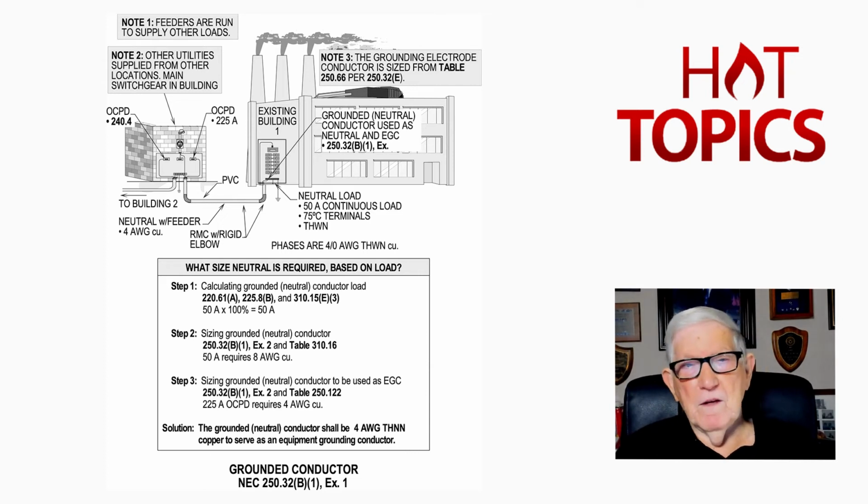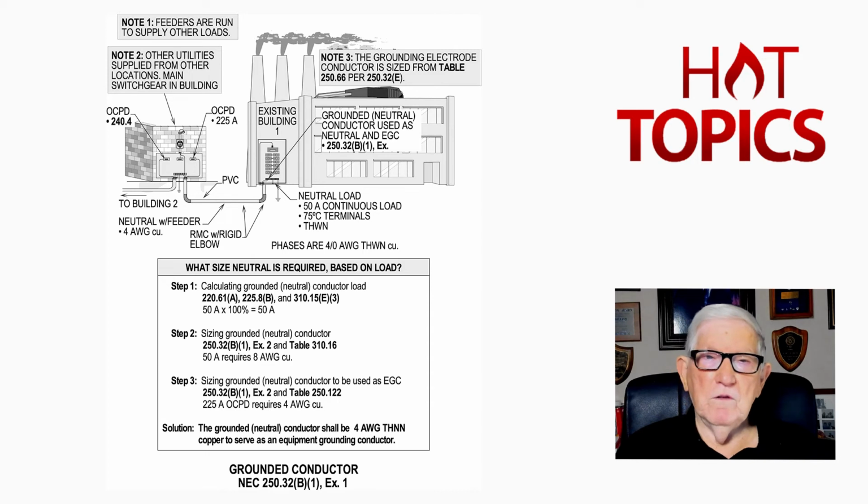And now they were saying there that you would have to follow the rules, and it would almost have to be existing for you to take a grounded neutral conductor and use it as an equipment ground, a neutral, and a grounded conductor, as well as a bonding jumper. So we would have to go over those rules.